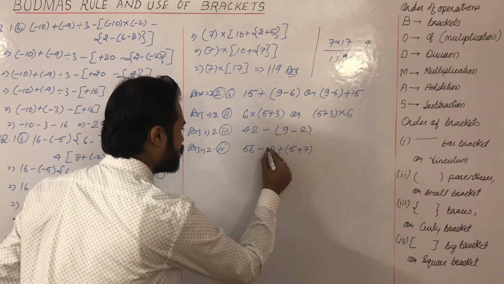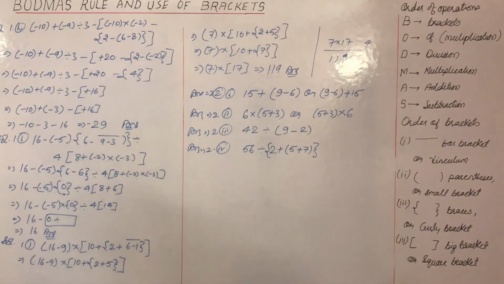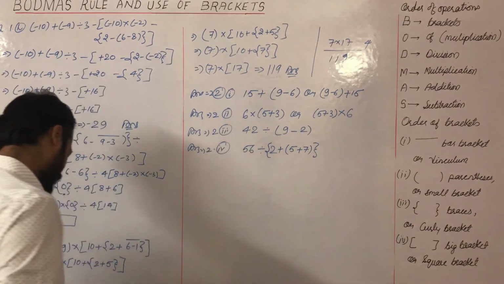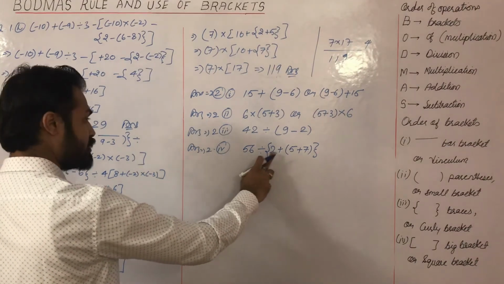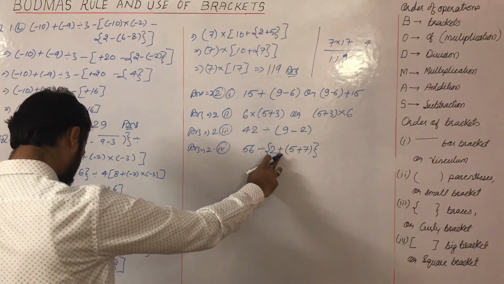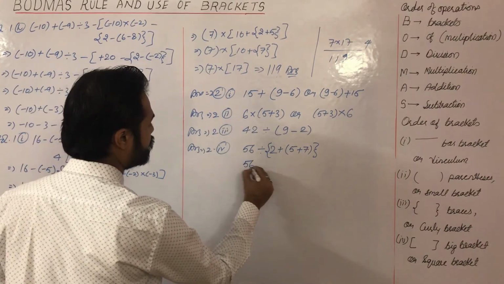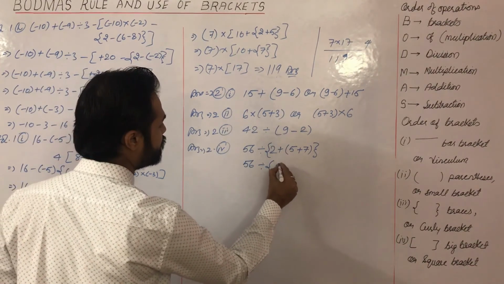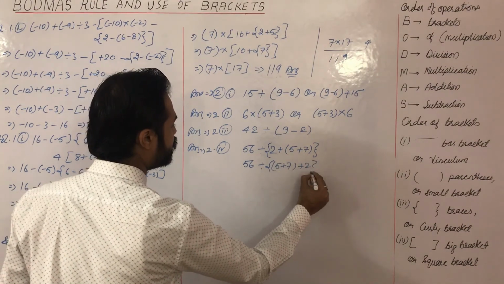It means again we have to add them like this. Now the mathematical expression is correct as per the statement. 56 divided by 2 plus the sum of 5 and 7, or we can also write 56 divided by 5 plus 7 plus 2.